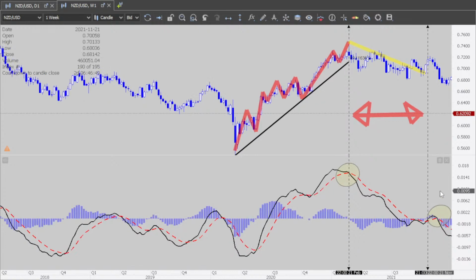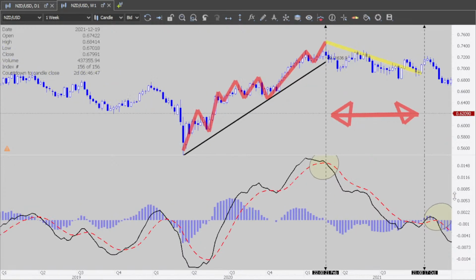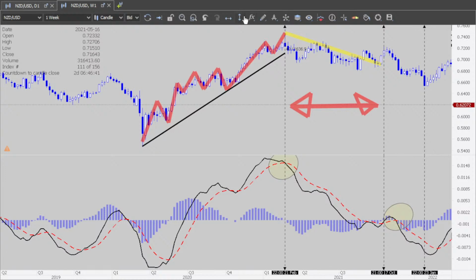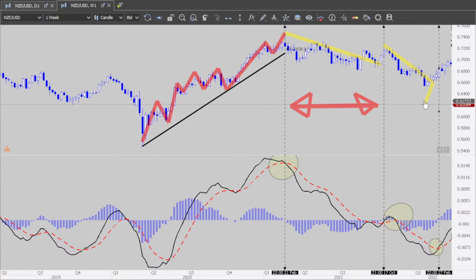The black line crossed from above to below, and until the next cross, which is here, did the market fall again? Which is here, right? This is the cross, somewhere in here maybe. There you go.